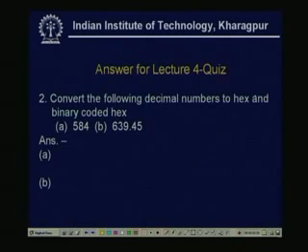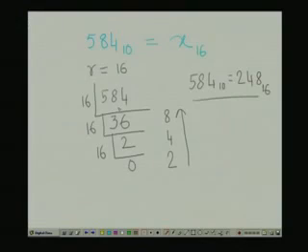Now, another part is there, the binary coded hex. If I want the binary coded hex, we take 584 in decimal again and convert it to binary.